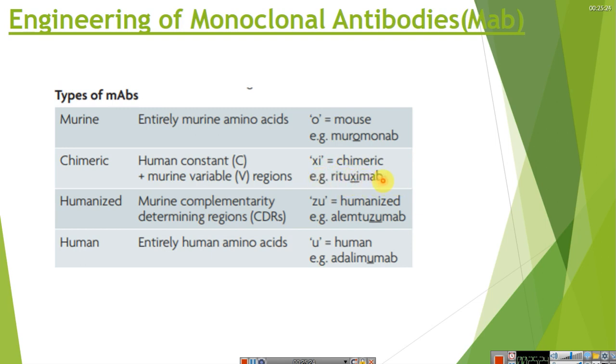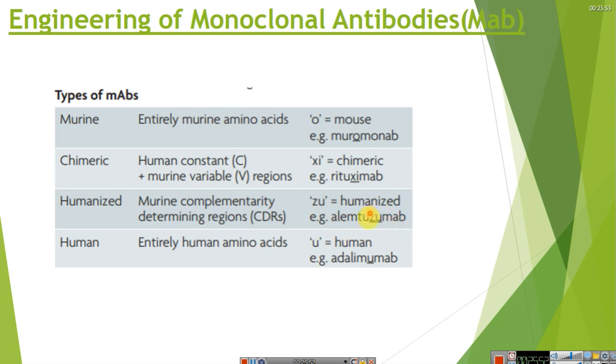Rituximab is a chimeric having the human constant region and the murine variable region. And then humanized: Zu, U for human, Z means zed. You can remember it like that. Zu means humanized.